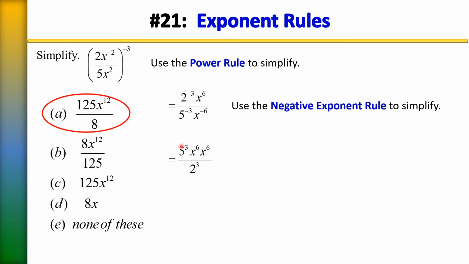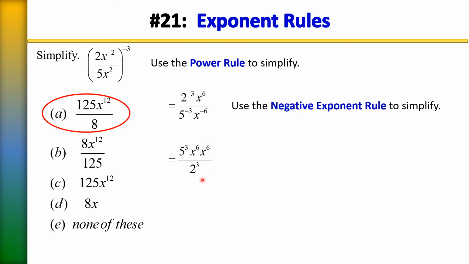We have 5 cubed, which means 5 multiplied 3 times, which is going to give us 125. Here I have the product rule, and the product rule states that when you're multiplying, if the base is the same, keep the base and add the exponents, and that's going to give us x to the 12th power.